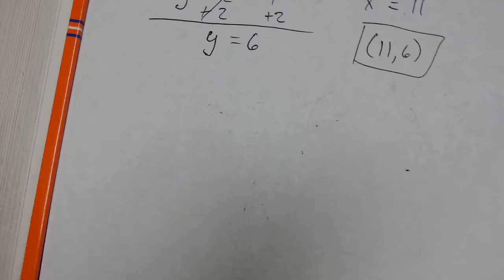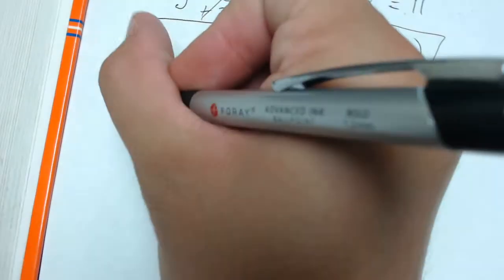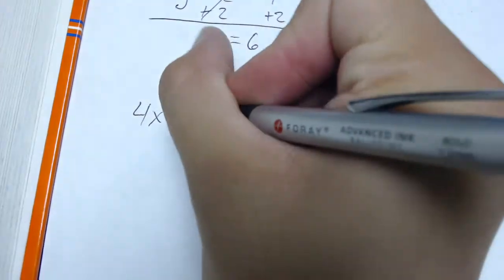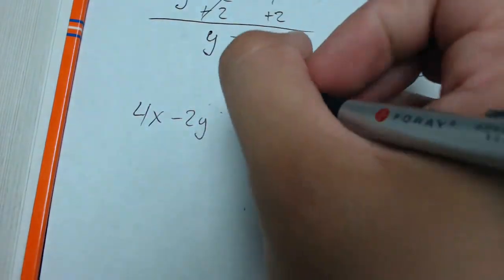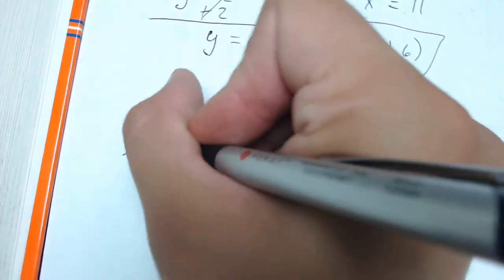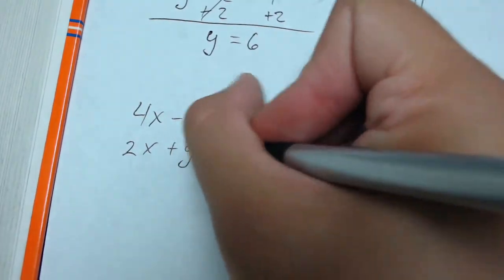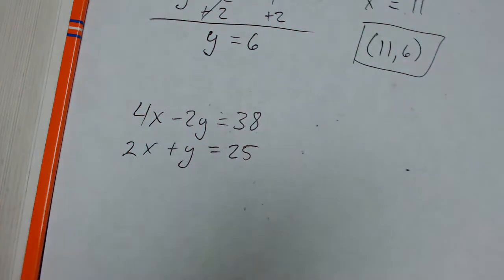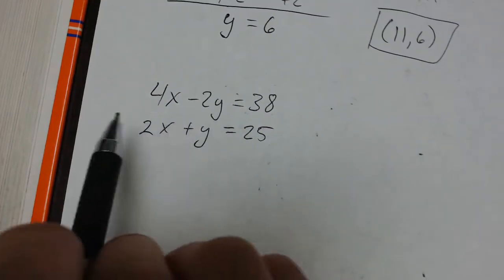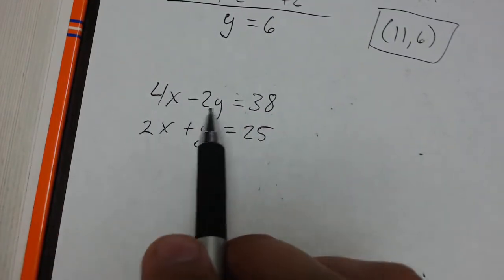So let's solve. We'll go with this one. I've got 4x minus 2y equals 38, and then we have 2x plus y equals 25. So again, neither of these equations are solved, so I'm going to look at my four unknowns.